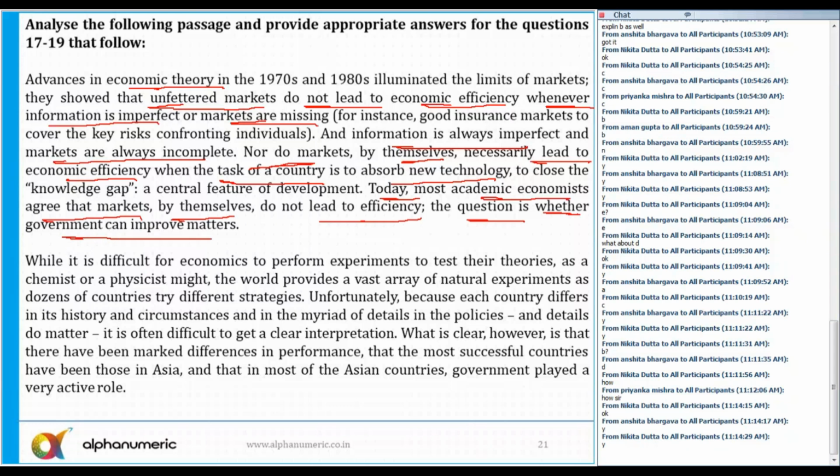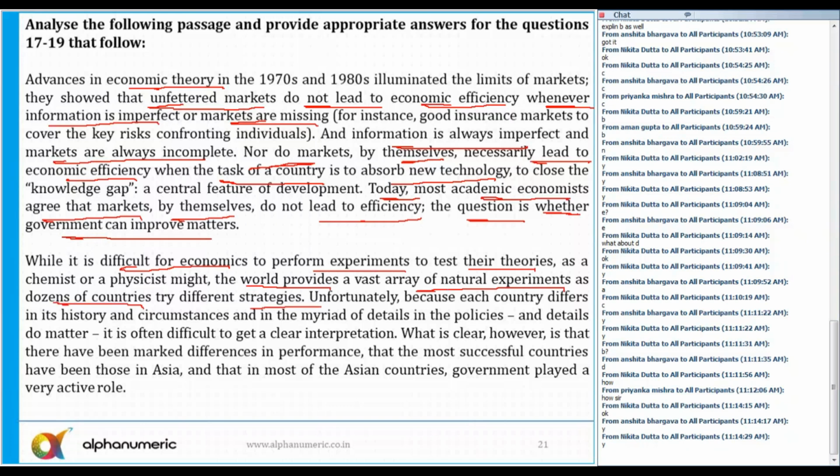Now he tells you the difficulty for economics is that you have to perform experiments to test your theories, just like a chemist or a physicist. Even though it's difficult to perform real experiments, the world provides us with lots of natural experiments because lots of countries try out different strategies.